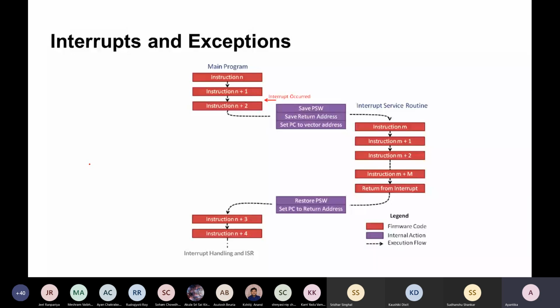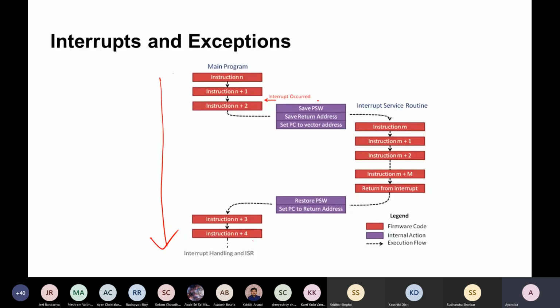Maybe you are executing instructions like this. This is the main program. These are the instructions. You have to execute from instruction n to instruction n plus 4, but up to instruction n plus 2, after that there is some high priority interrupt that occurred, and for that you have to stop your instruction execution.